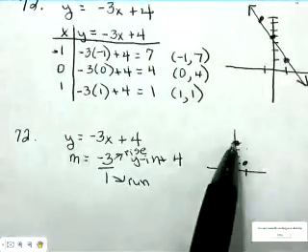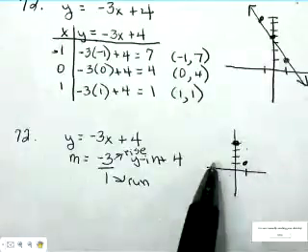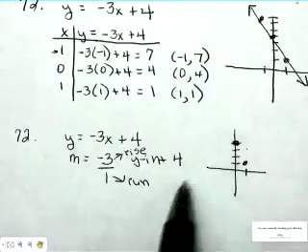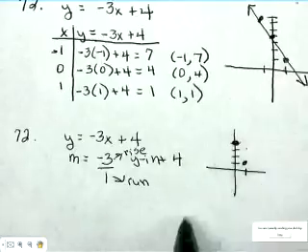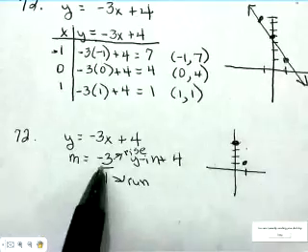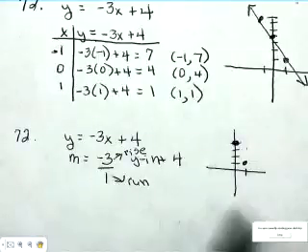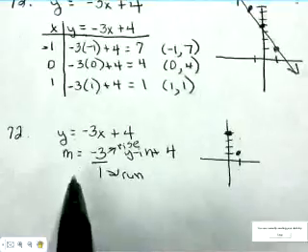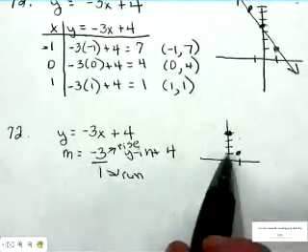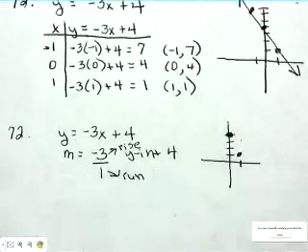If I accidentally went down and to the left, would my line have negative slope? It would be going uphill from left to right. And I know a line with negative slope is supposed to be going downhill from left to right. So when your slope is negative, count the rise down, but the run is still positive.